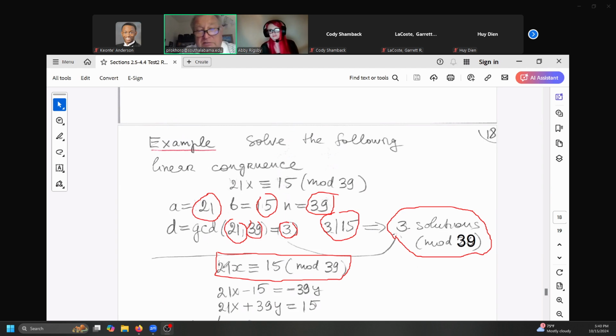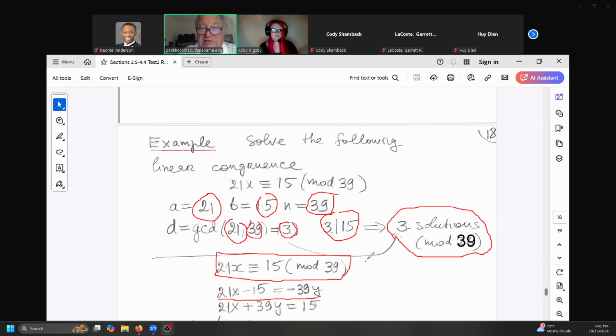Okay, so it's written 21x is congruent to 15 modulo 39. So this means the difference 21x minus 15 is divisible by 39. This is the definition. In this linear equation, the first term is divisible by 3, the second term divisible by 3, and 39 divisible by 3. And I'll divide each term by 3.